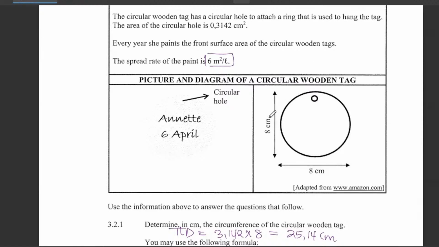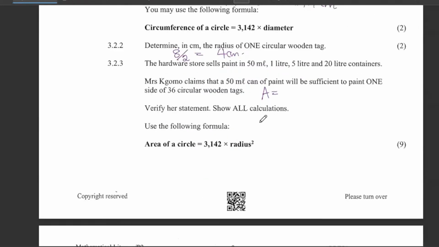So let's change, since it's area, so it's pi r squared. So the 4 we need to divide by 100. So this becomes 3,142 times 0,04 squared. We have the 0,04, it comes from this. I was changing centimeters to meters because of the spread rate that we're going to use. All right, this is the answer there.